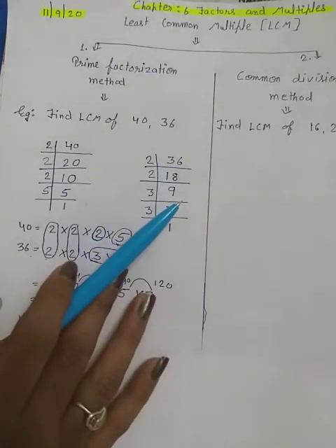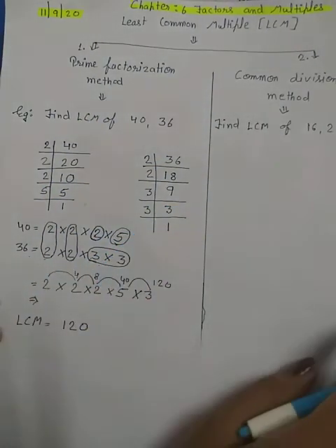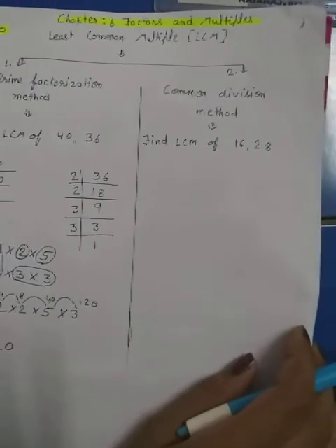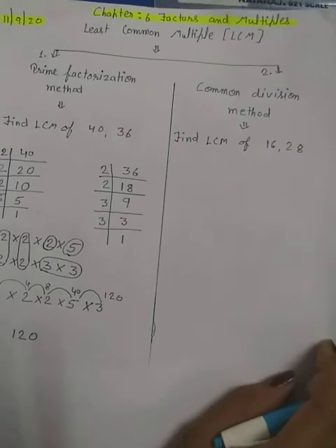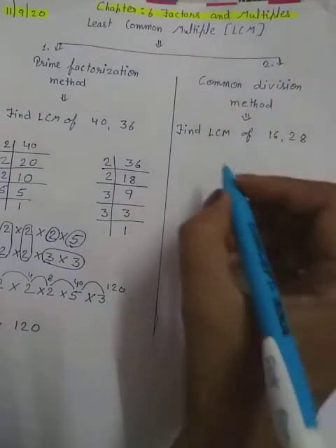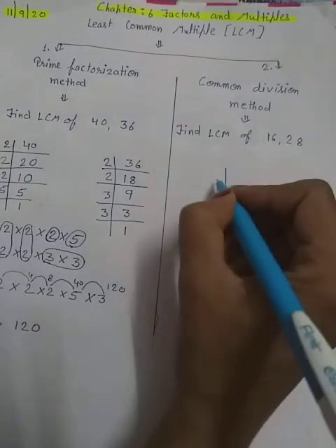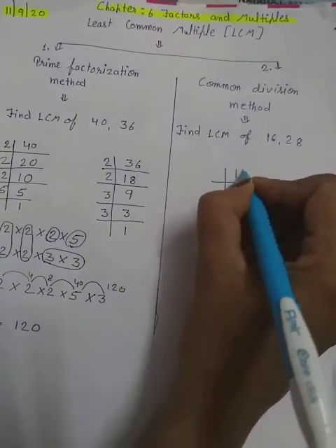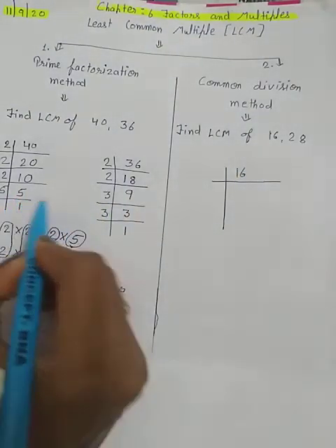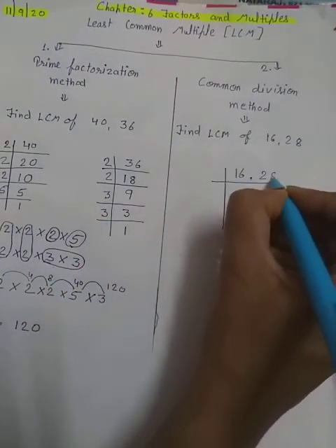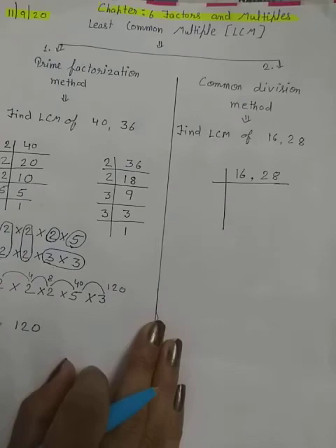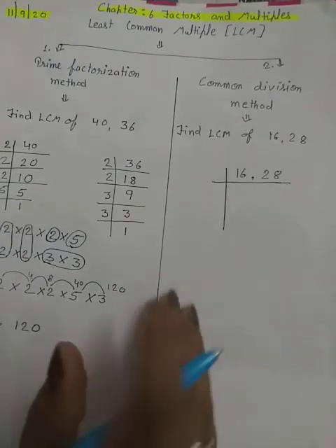Next, the second method, common division method. What is common division? In the common division method we divide in common. That means we don't divide separately like this; we divide in only one common way.